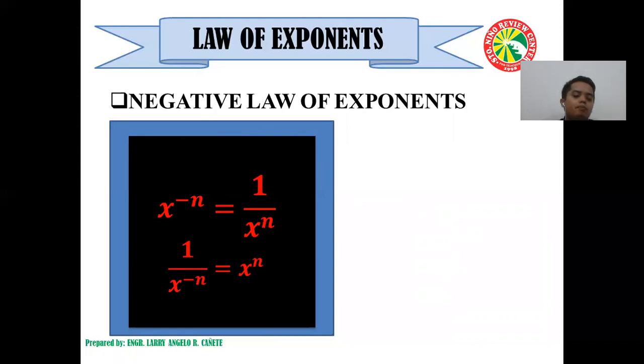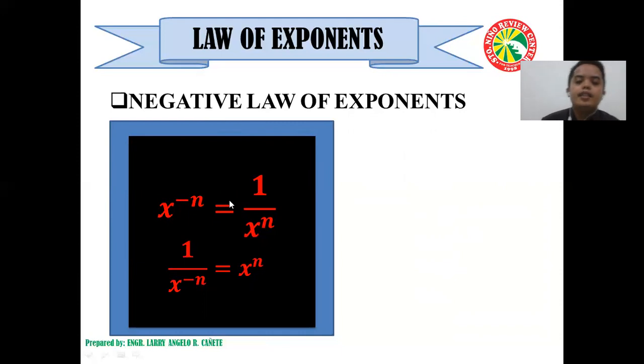So again, if the exponent in this form is negative, it goes down. In the other way, if the exponent is in the denominator, it goes up, but again, it changes to a positive sign. So in short, from negative to positive, and if it is in the denominator, then it goes up, the same, changed to positive.